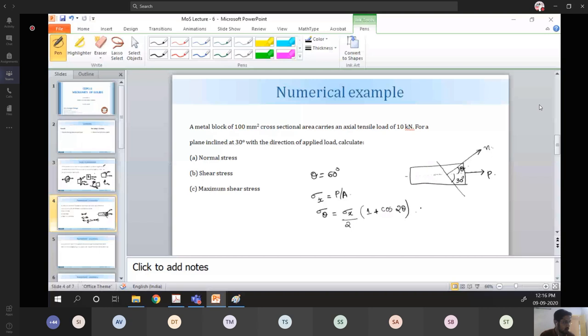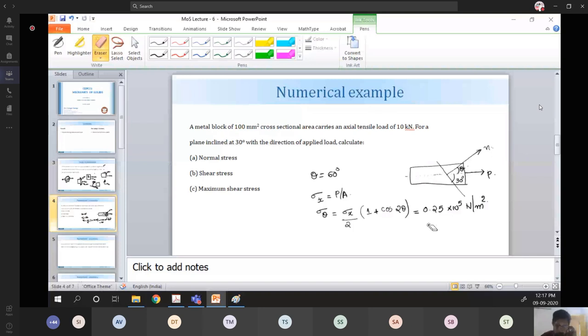Can you check the answer again? The units? Yes, sir. One minute. Others can also try this problem and just let me know if you are getting the same answer or not.